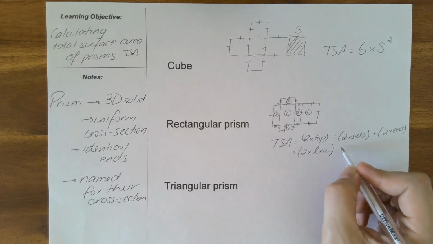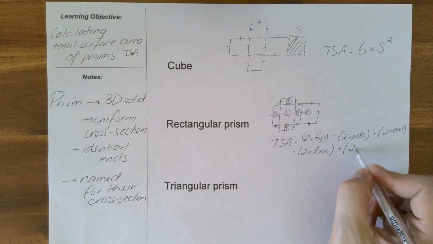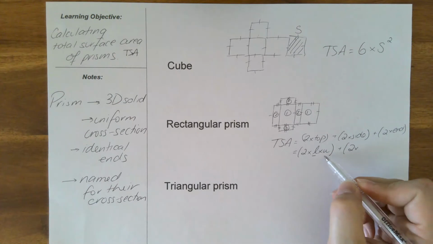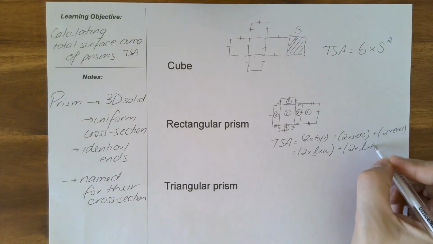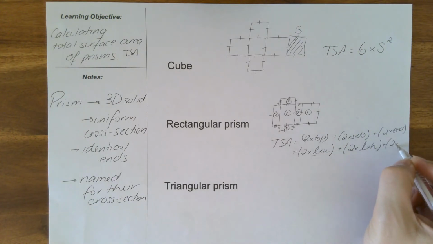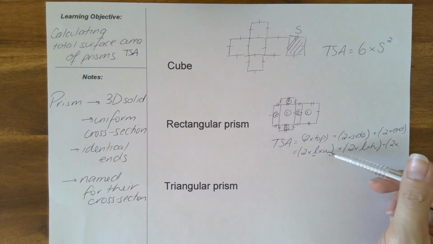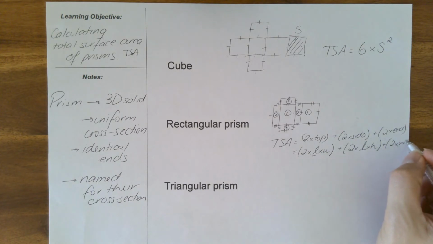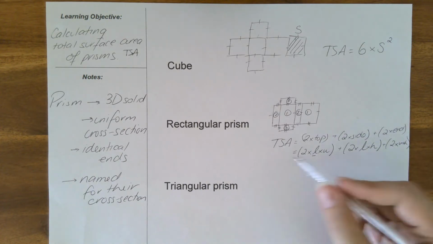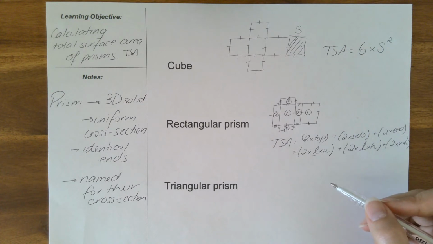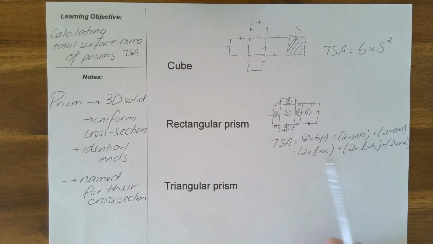For that first pair of rectangles, we're going to have 2 times, this time it might be the length times the height, plus 2 times, what have we left with? We need the width times the height. So we have 3 combinations there for the 3 different types of sides, and we've combined all of the length, the width, and the height of that 3D box.